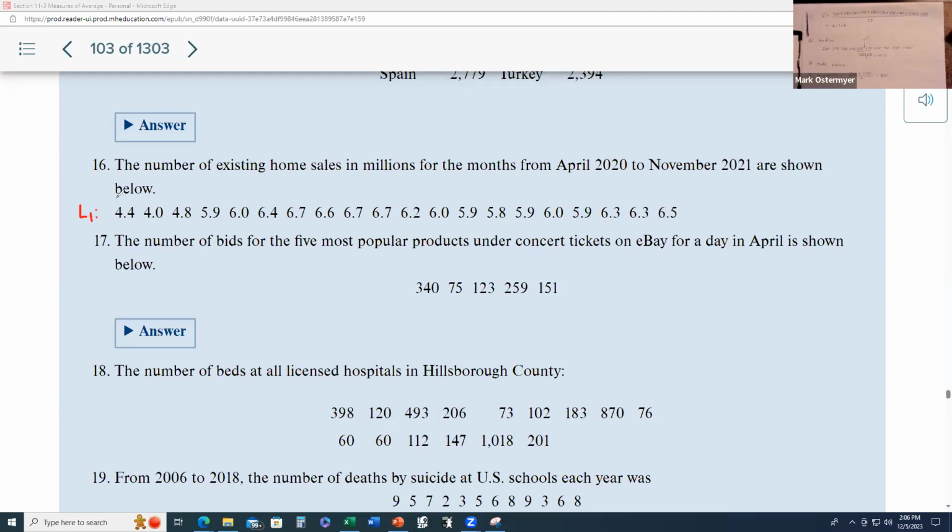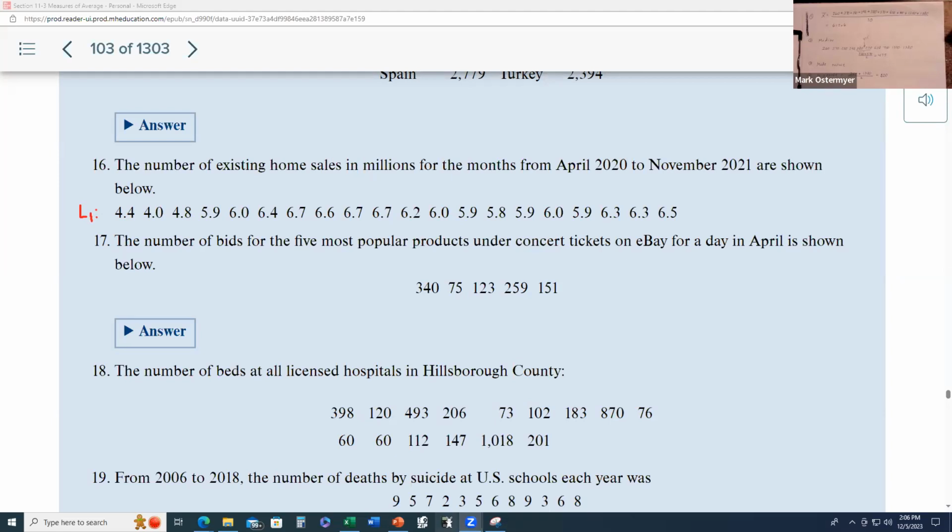Whether you have a TI-30, TI-34, even a TI-84. Anybody got a TI-84? I do. All right, with the TI-84, it works essentially the same way.